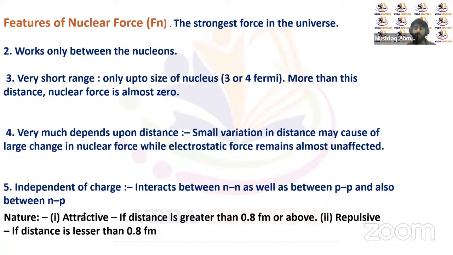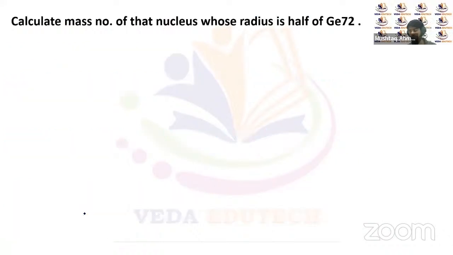It interacts between neutron and neutron, as well as proton and proton, and proton and neutron. So we can conclude that nuclear force is a charge independent force. It can have interaction between proton and proton, neutron and neutron, and neutron and proton as well. So these are some of the features of nuclear force.